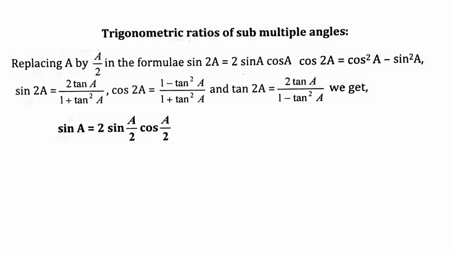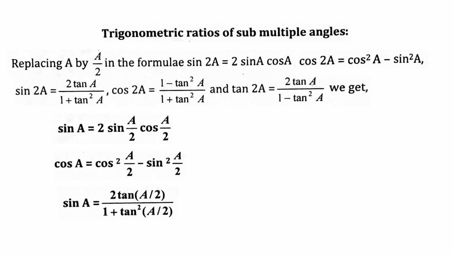Yes, that will be sin a equal to 2 sin a by 2 cos a by 2. Cos a equal to cos square a by 2 minus sin square a by 2 from this formula. Replace a by 2. This formula very important for this chapter.